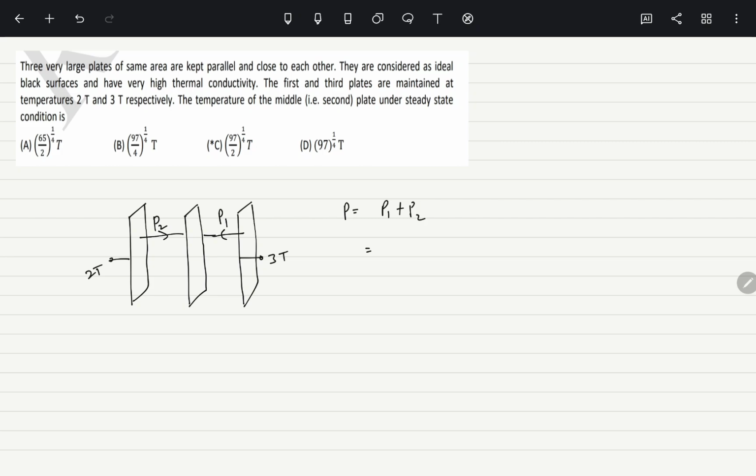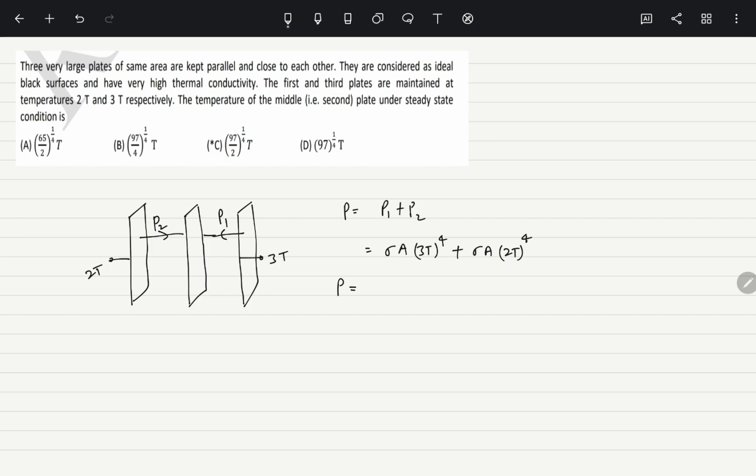So what is P1 here? P1 is sigma, both are ideal black surfaces, so the emissivity is 1. So sigma A (3T) to the power 4, plus P2 is sigma A (2T) to the power 4.